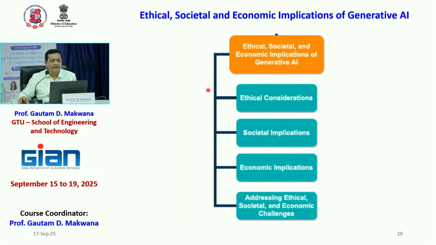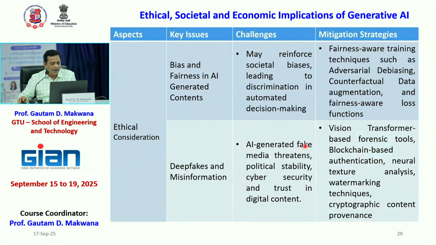Okay, and then the challenges in generative AI: ethical, societal, and economic. Here I will just discuss some of them. What are the ethical considerations? Bias and fairness in AI-generated content, deepfakes and misinformation.